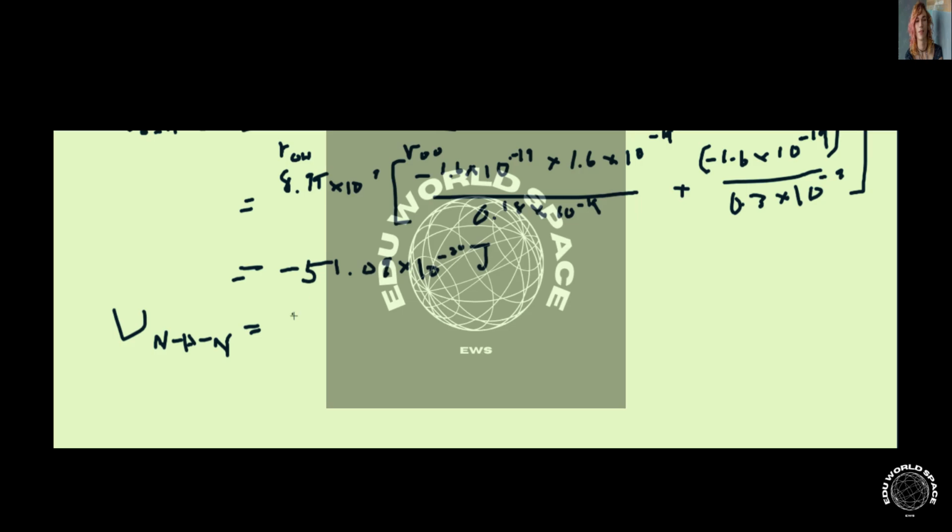So now once again, if we just compute it, it's 8.99 times 10 to the negative 9, times 10 to the positive 9.